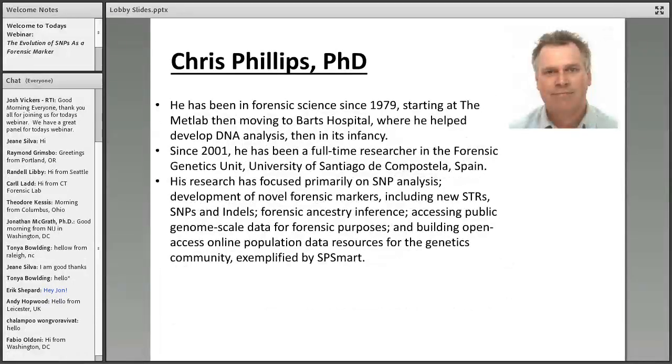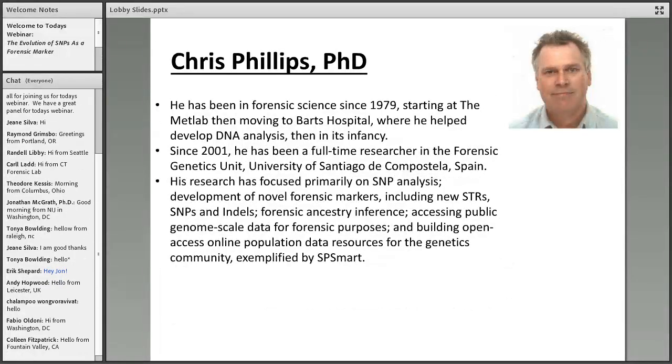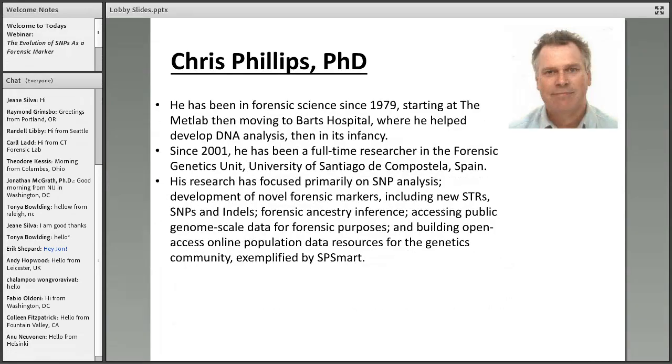Our next speaker for today will be Dr. Chris Phillips. He has been in the forensic science field since 1979, starting at the Met Lab, then moving to Bart's Hospital, where he helped develop DNA analysis that was then in its infancy. Since 2001, he has been a full-time researcher in the Forensic Genetics Unit, the University of Santiago de Compostela in Spain.